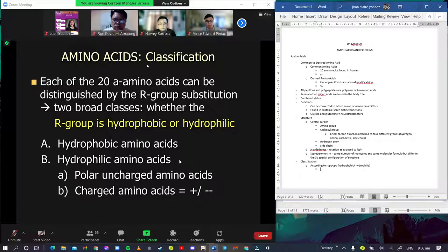And the best way to classify them is to look at the R group, whether it is hydrophobic, does not like water, or hydrophilic. And if it is hydrophobic, what do you think would be the R group's structural or chemical nature? This is organic chem. Anyone? Aliphatic, Doc. Very good. So aliphatic, what else? Aromatic, Doc. Okay, so aliphatic and aromatic groups. Hydrophilic, what does it mean? Loving water.